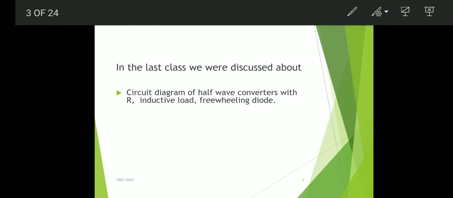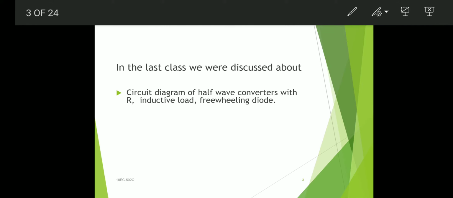That is the drawback of the inductive load. We get a negative output voltage, and due to the inductor there is a flyback effect, where some output voltage is fed back to the input. This is avoided by using a freewheeling diode, or commutating diode, clamp diode, snubber, whatever it may be.